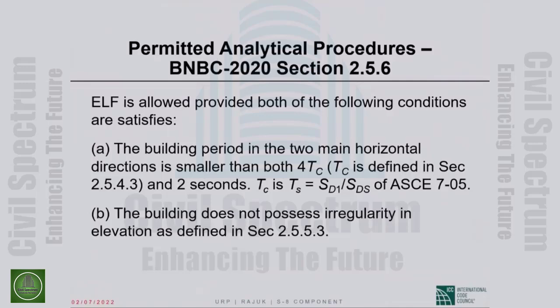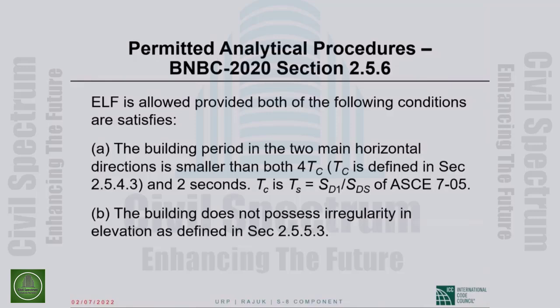In BNBC, this is what you have. ELF is allowed, provided both of the following conditions are satisfied. The building period in the two main horizontal directions is smaller than both 4 times T sub C and 2 seconds.